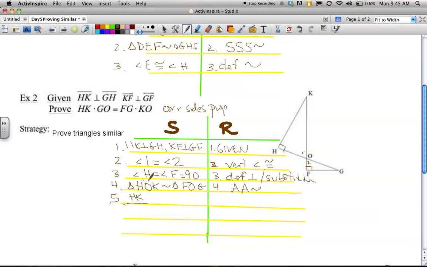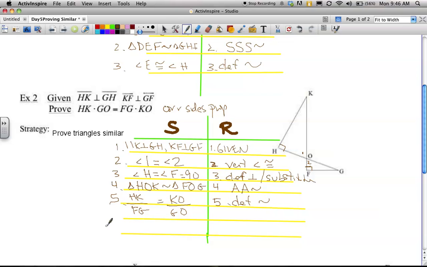Okay, HK is here, and that would be FG. And then what else are we given? We're given KO, right? And we have to put KO up here, and that's proportional to, okay, GO is here, GO. And that is also a definition of similarity, which is sides are proportional.